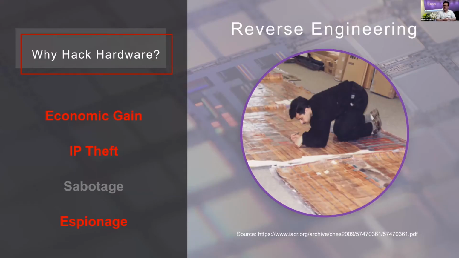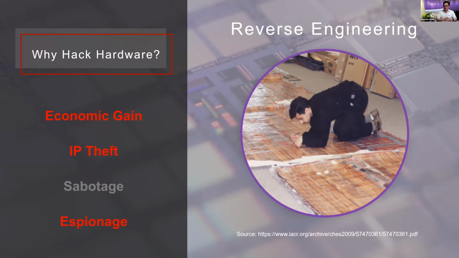Let's discuss some common hardware hacking terminology. The first one that came up is reverse engineering. One common way to reverse engineer is to do deep packaging of parts and examine them. The picture on the screen was taken in those good old days, when you could actually plot out the whole layout and put it on the floor.